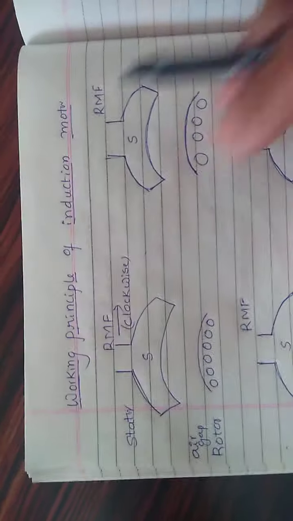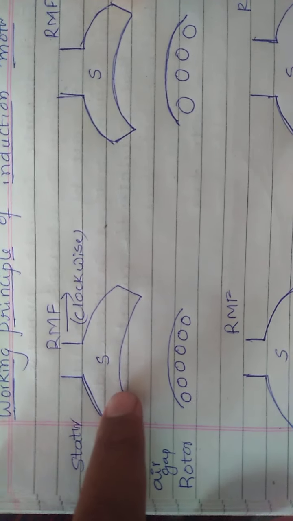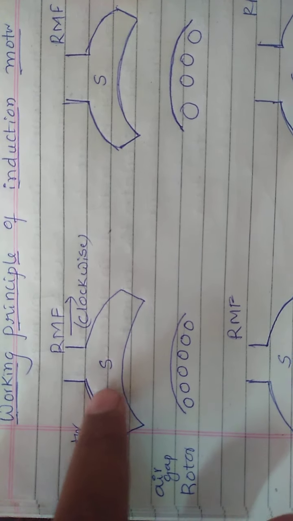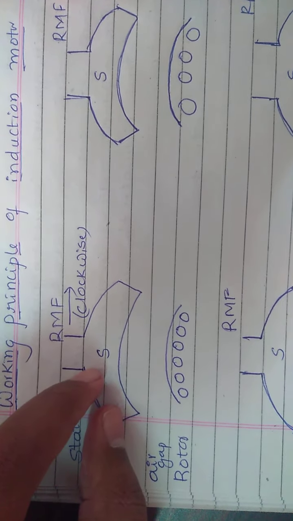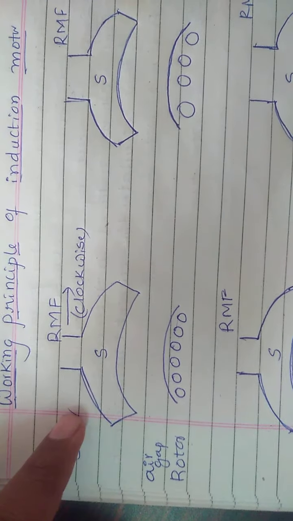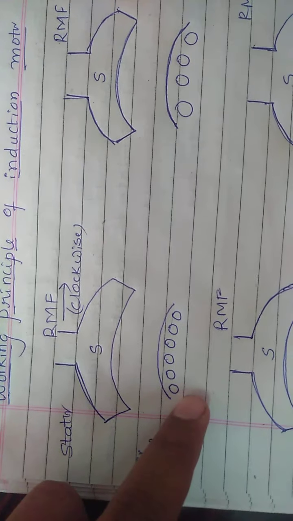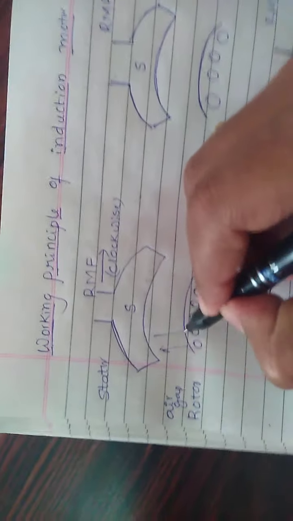Remember, whenever you give supply to the stator, current flows through the stator, and there is a magnetic field in that. That acts like a magnet. We are representing it like an S pole magnet here. The stator is nothing but a magnet, and there is an air gap, and the rotor conductors. In between, the RMF is present.